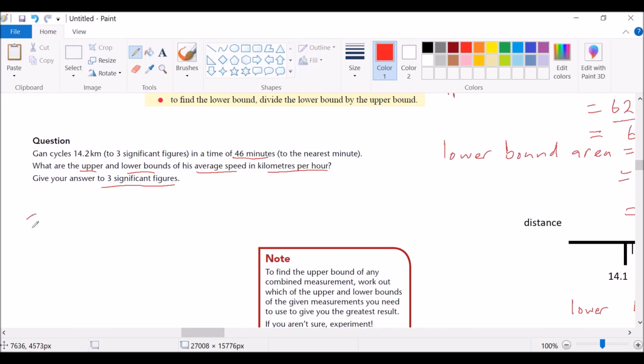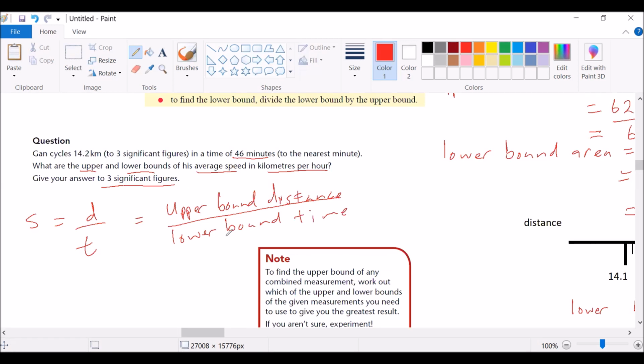Now we know speed is equal to distance over time. So to get the maximum, which is the upper, we say upper bound distance over lower bound time. A bigger number being divided by the smaller number will give us a bigger result.